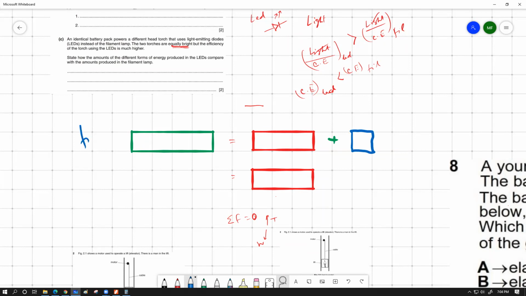This is for the filament lamp. As for the LED lamp, they both produce the same amount of light, but the LED lamp consumes less amount of chemical energy, which means, let's say, it consumes this much input energy. I'm giving a bit less compared to that one, slightly less.